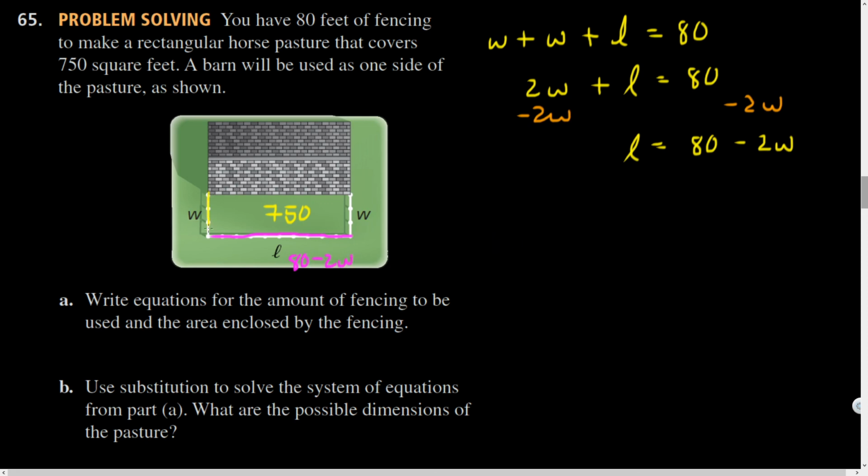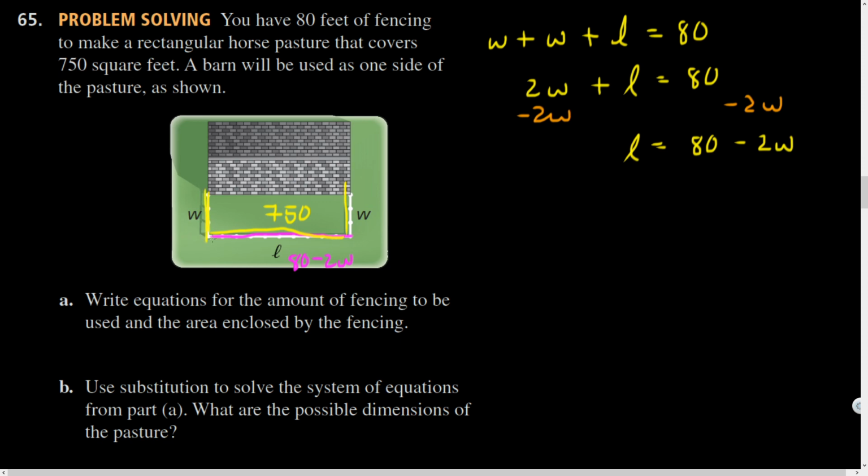And so now the entire perimeter is, right, W plus 80 minus 2W. That doesn't actually give me new information, does it? No, I can't substitute it back into its original form. Okay. Well, what do I know? Here's my other fact. I know that the area has got to be 750 square feet.